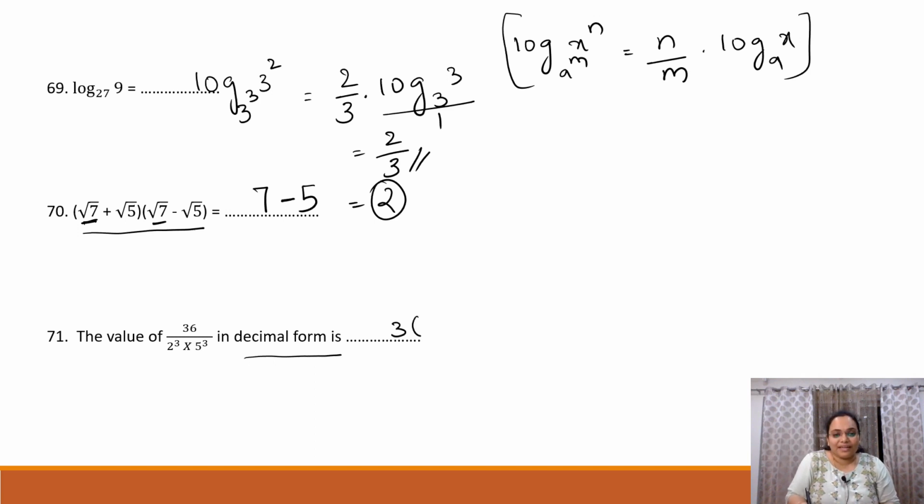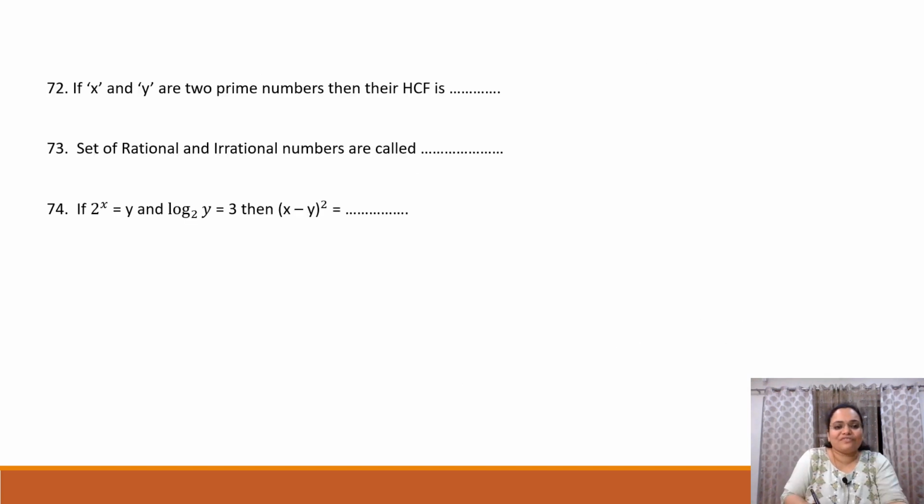So 36 divided by 2 cube is 8 into 5 cube is 125. Right? So 36 by 1000. That is 0.036.